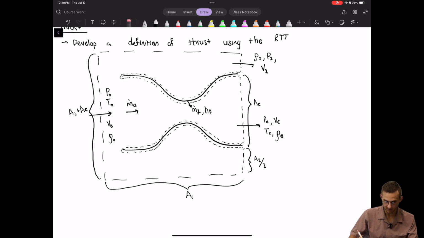And we also have some sort of component of velocity, we'll call it V1y, that is exiting those surfaces of the control volume as well. So we need to keep that in mind. So we have V1y and ρ1 exiting the control volume on that surface. Okay? And then we'll just assume that we're at steady state.